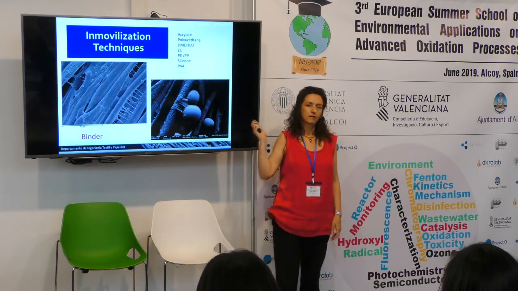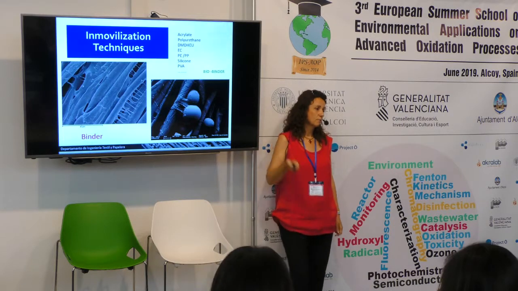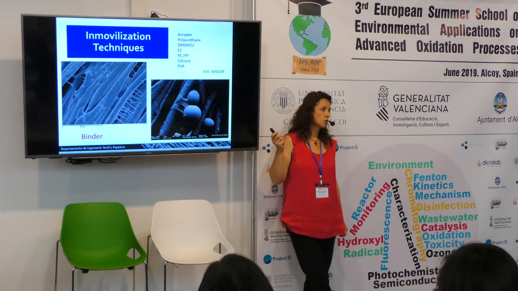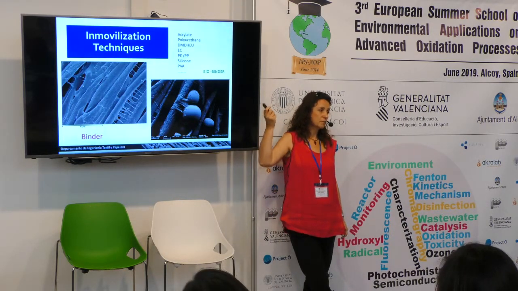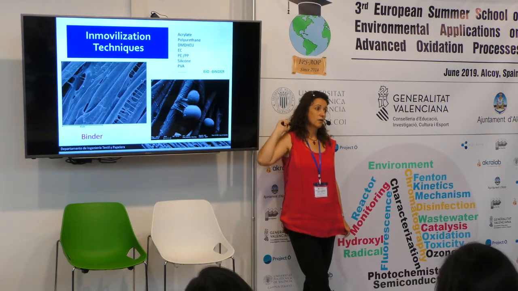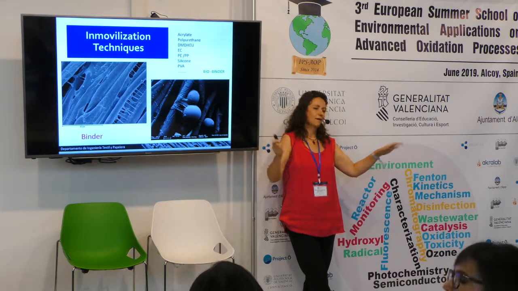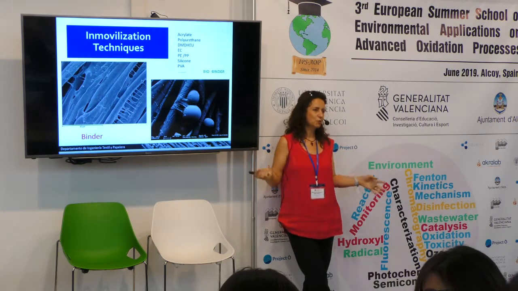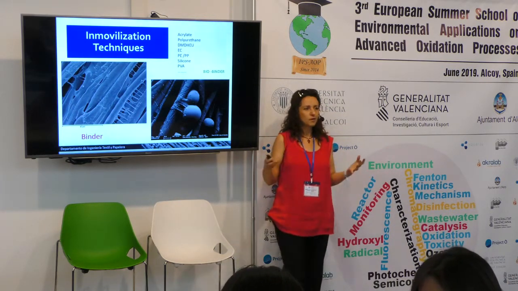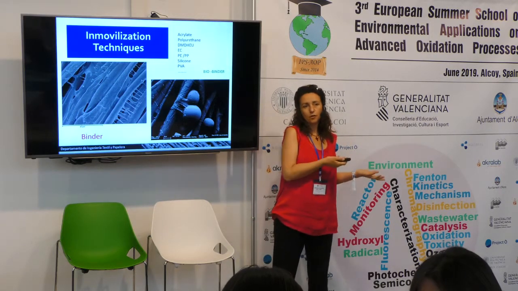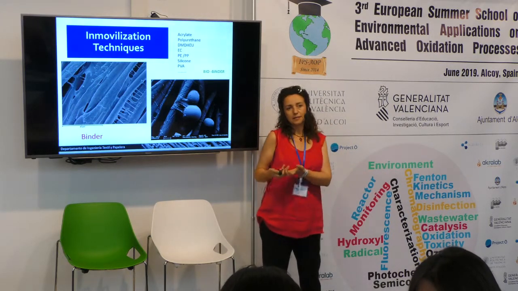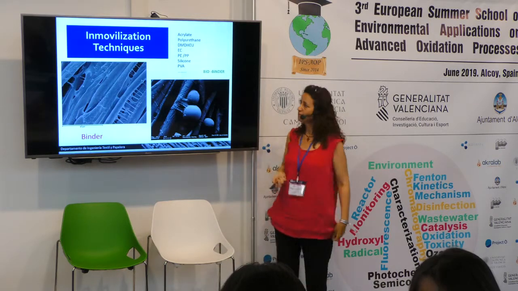That we need to consider biobinders, because the majority of them are synthetic. And when we use them, the wastewaters from the textile industry have a very bad reputation. So what we are working on is the development of new biobinders or new products.